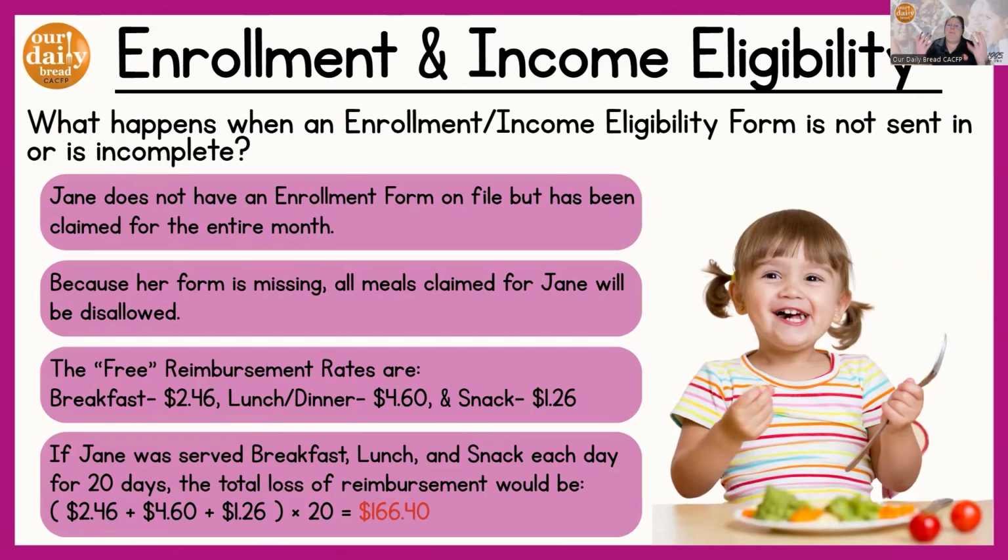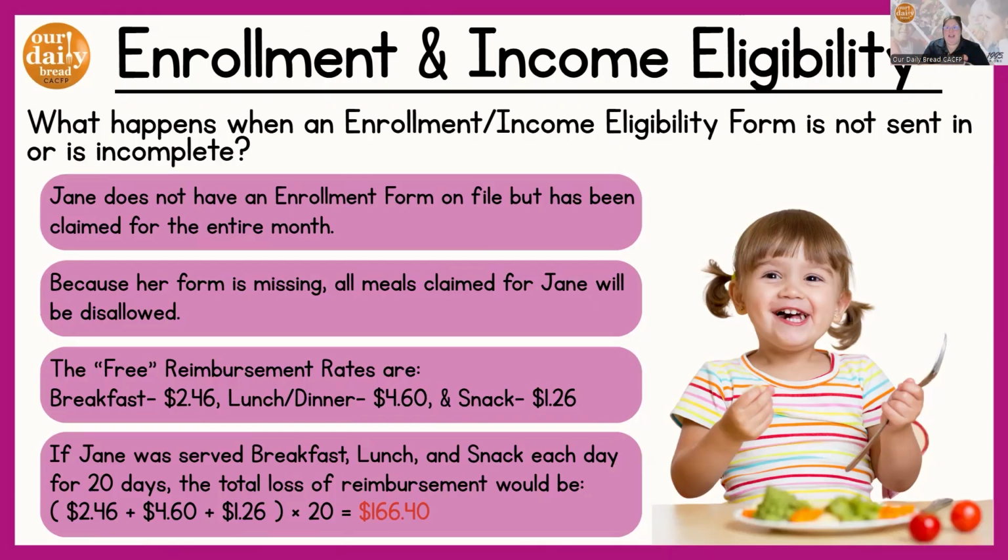So let's see the impact of what happens when we don't have a complete enrollment form for a center's child. So we're going to use Jane in this case, and we're going to say, again, Jane was claimed for meals throughout the entire month, but since her form was missing, all of those meals were disallowed. And we're going to use the free reimbursement rates for maximum impact.